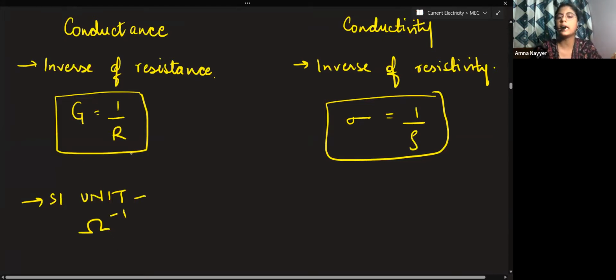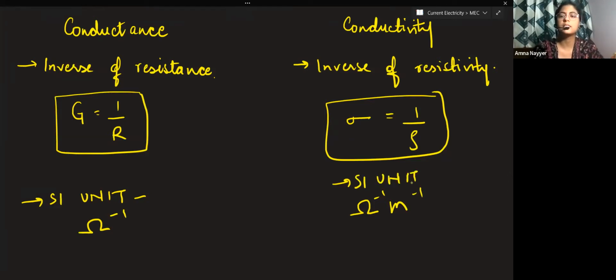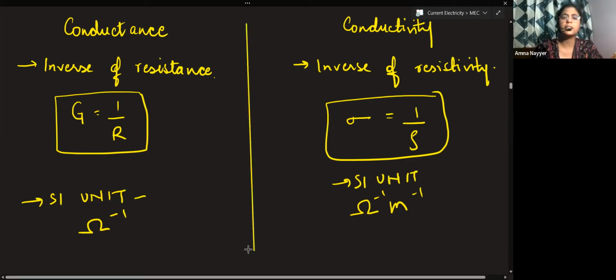So since it's inverse of R, it will be ohm inverse in this manner. This is SI unit of conductance. Now resistivity. Resistivity was ohm meter. So conductivity will become what? Ohm inverse, meter inverse. This will be the SI unit of it. So theoretical points also come from this: conductance and conductivity, resistance and resistivity.